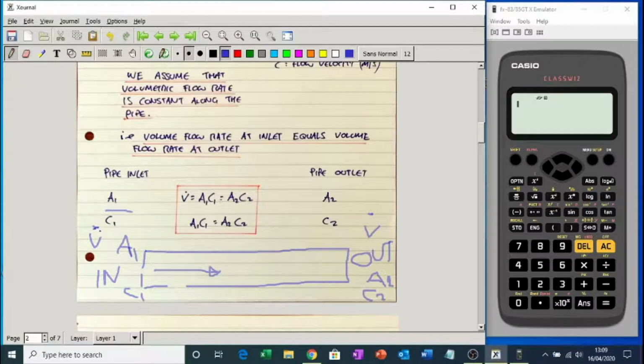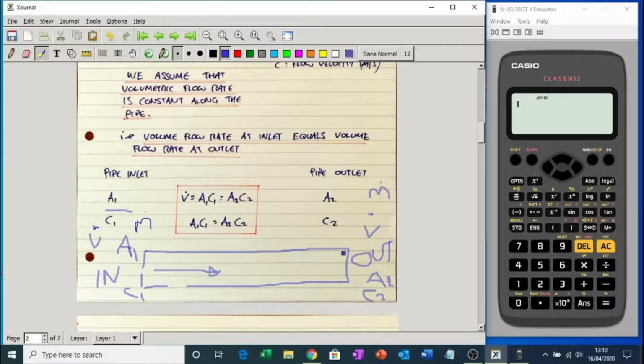Obviously, the mass flow rate here will be the same as the mass flow rate here as well. So the volumetric flow rate is the inlet area and the inlet velocity. That's got to equal the outlet area and the outlet speed. I've labelled them A1 and A2 and C1 and C2.